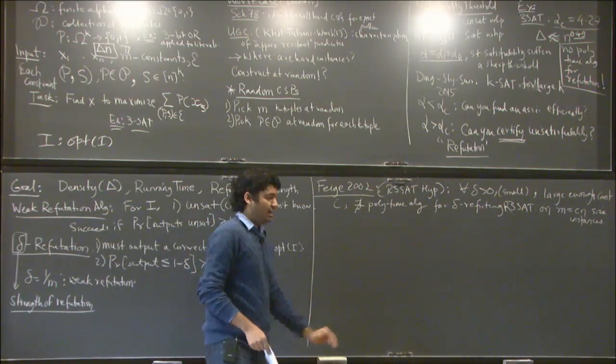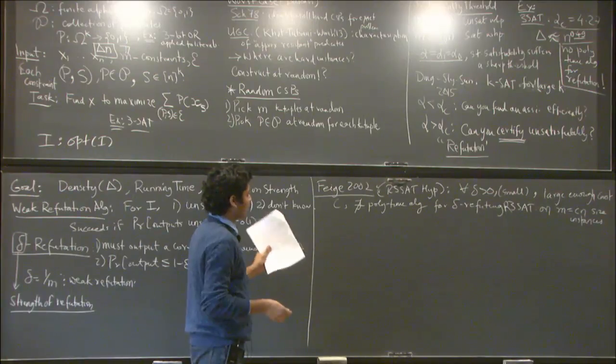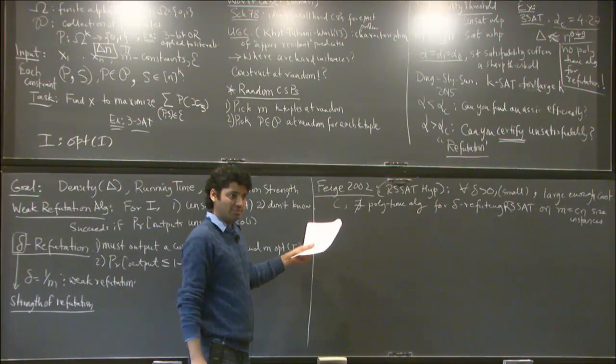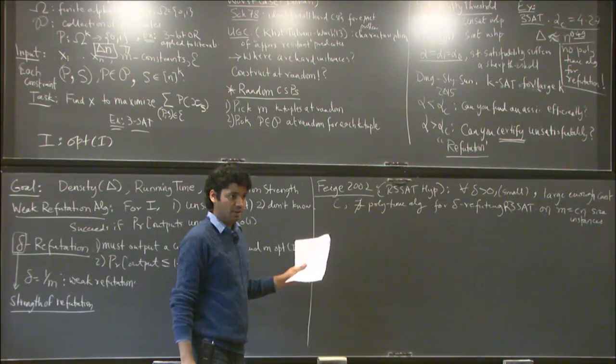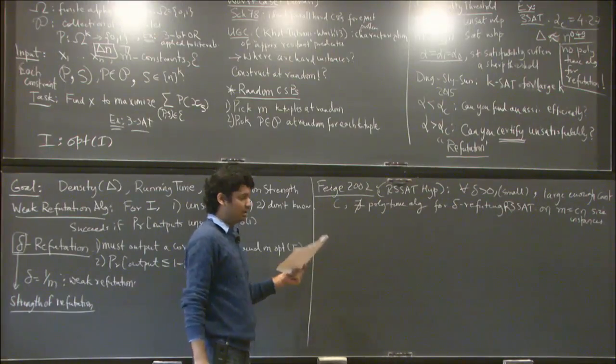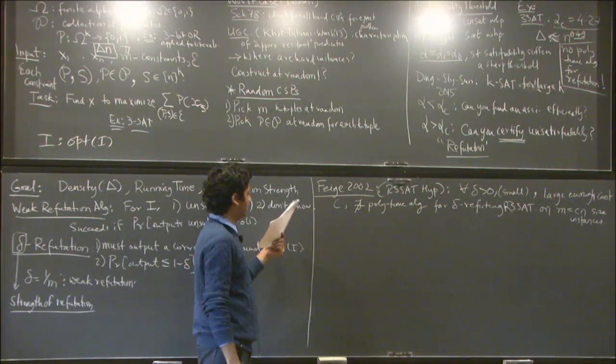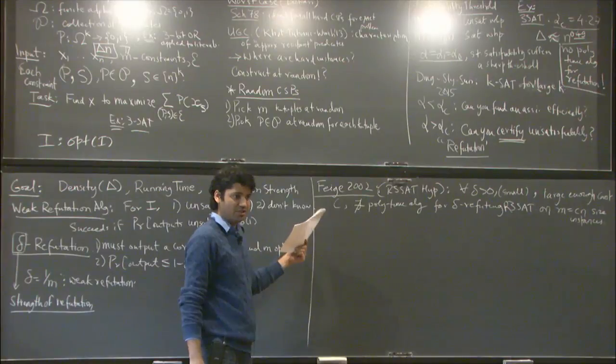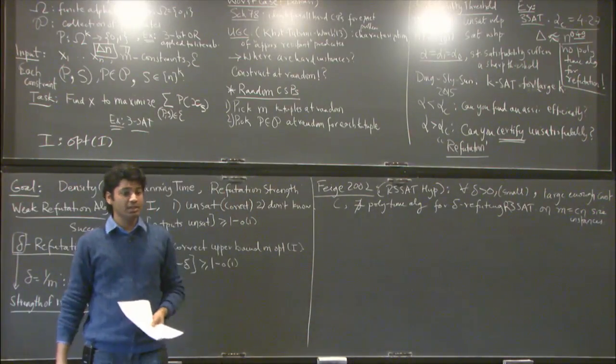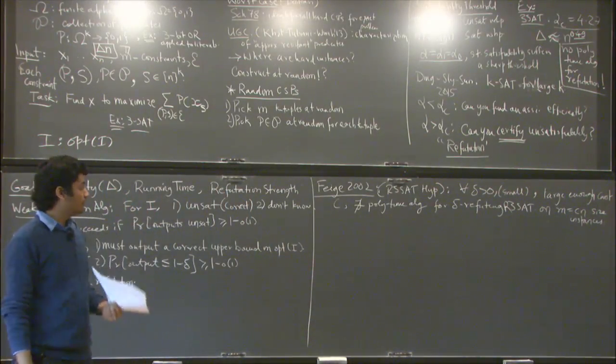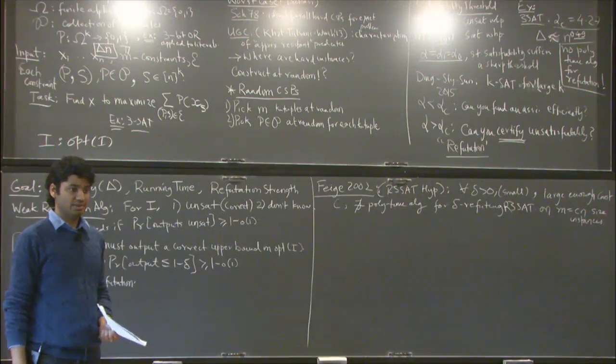Okay, this is consistent, it also looks reasonable, but it's also extremely useful. Feige himself conjectured this in order to prove lots of new worst case hardness of approximation results.